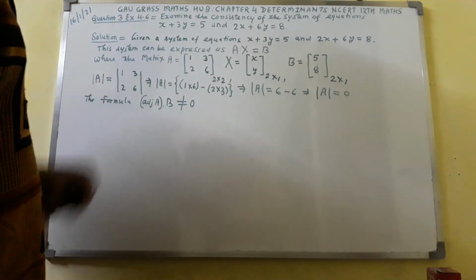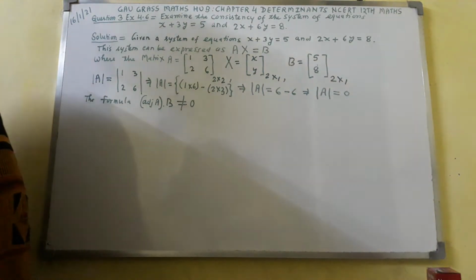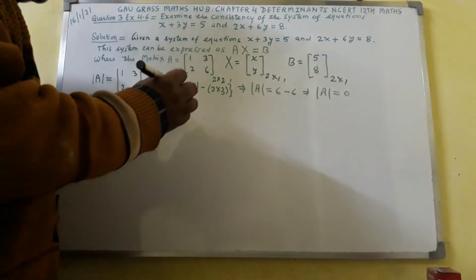So first I am going to find adjoint of matrix A. For adjoint of matrix A, we know the formula.